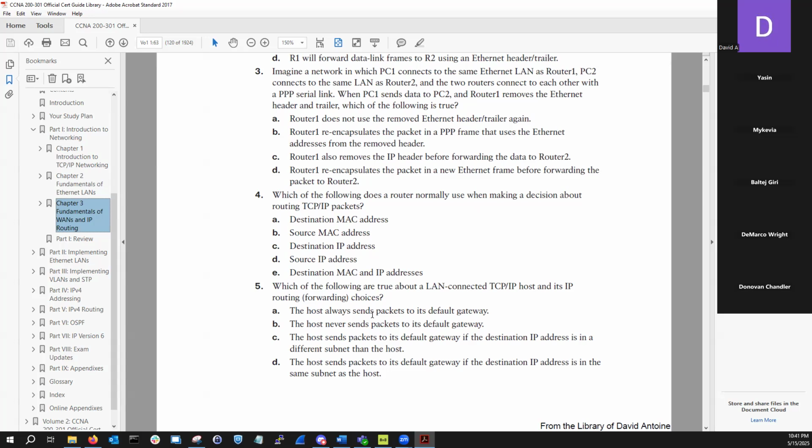Because the host always sends the packets to the default gateway. I can't think what else.